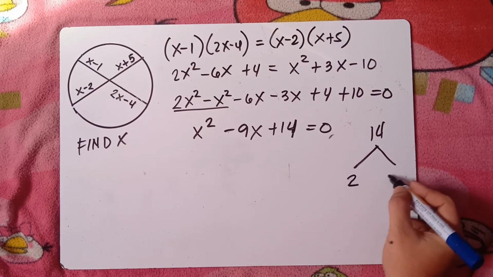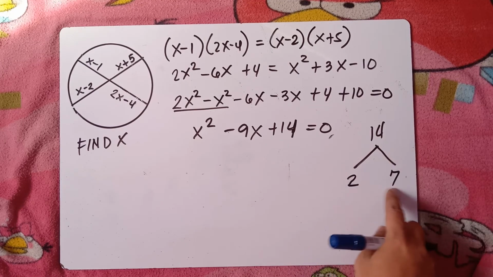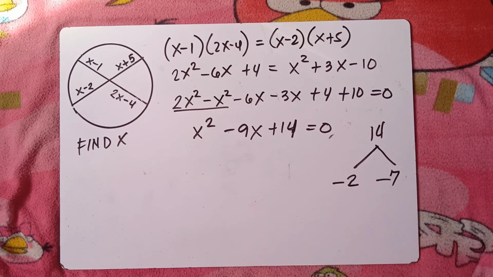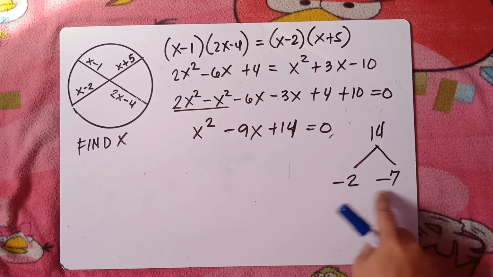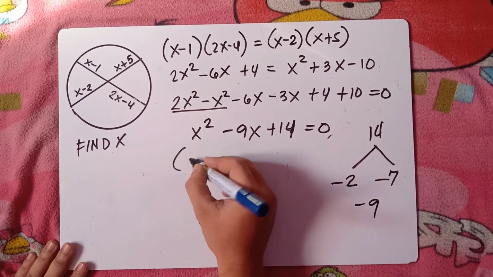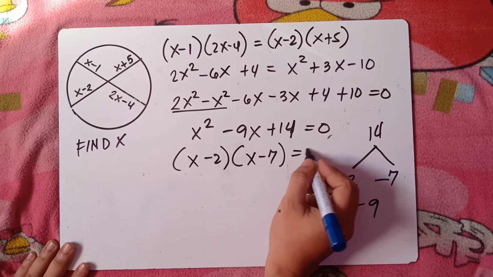If you use 2 and 7, 2 times 7 is 14, but 2 plus 7 is positive 9. So we need negative 2 and negative 7. Negative 2 times negative 7 is positive 14, and negative 2 plus negative 7 is negative 9. So this will be x minus 2, x minus 7 equals 0.